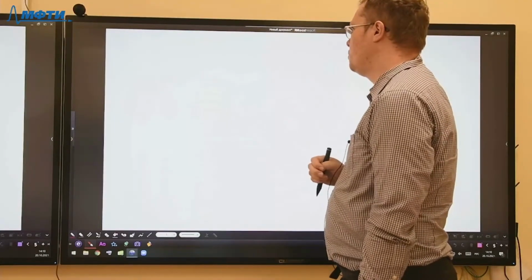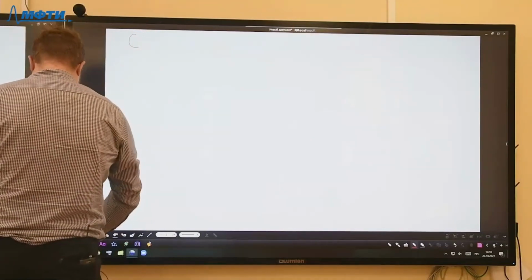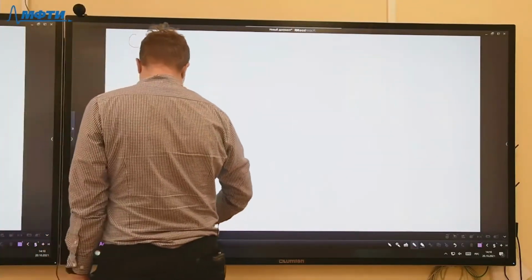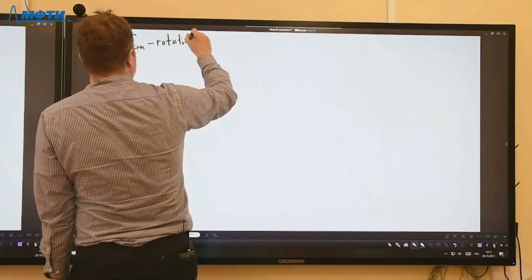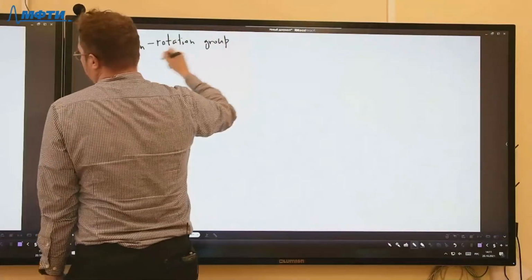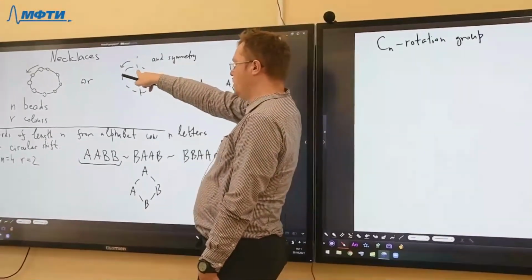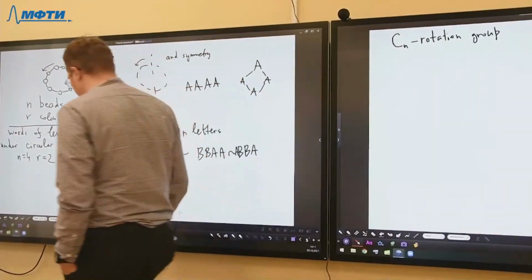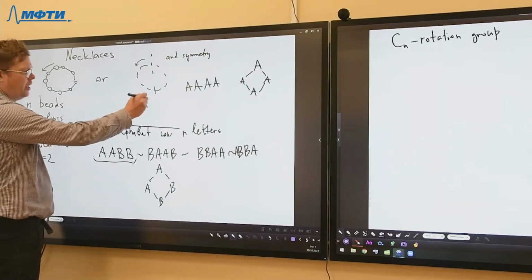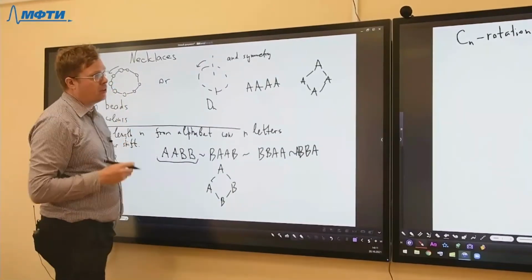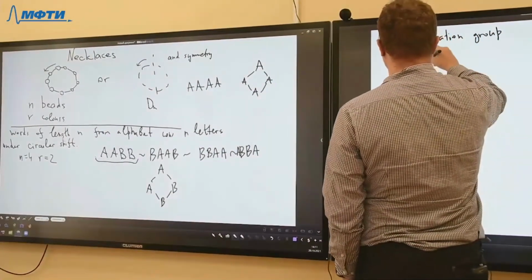We usually denote it by Cn, but maybe you have a different notation. In this case we have the symmetry group of a regular polygon, usually called Dn, and so we have a rotation group with n different rotations.